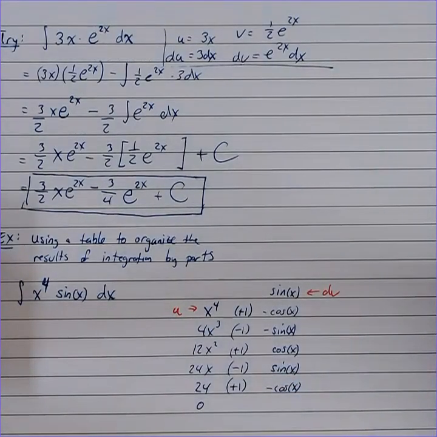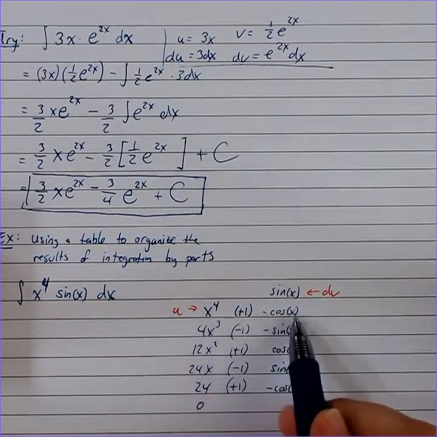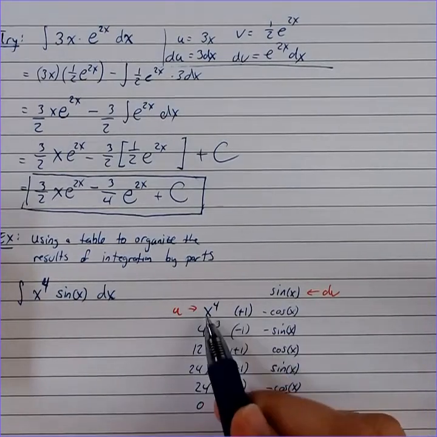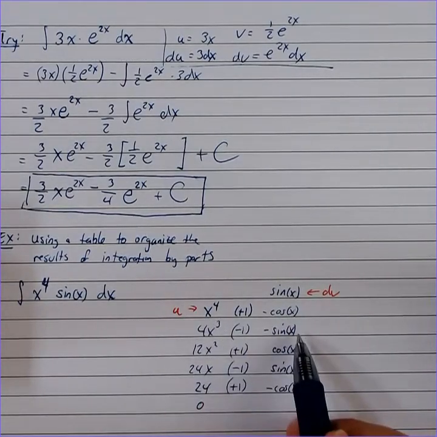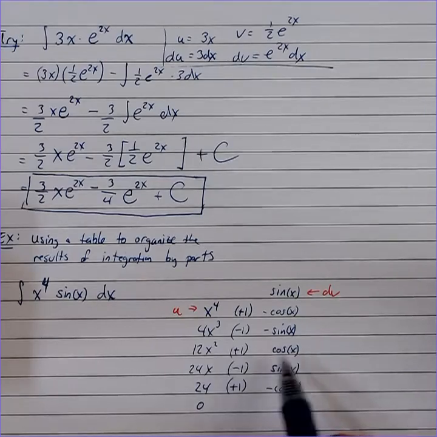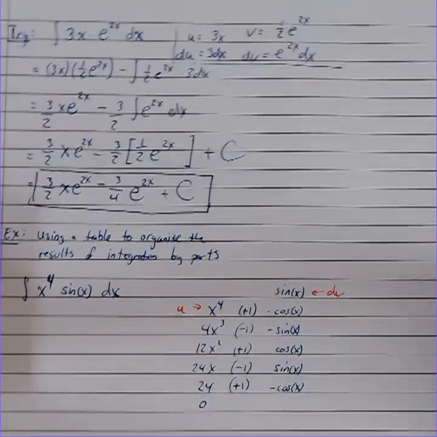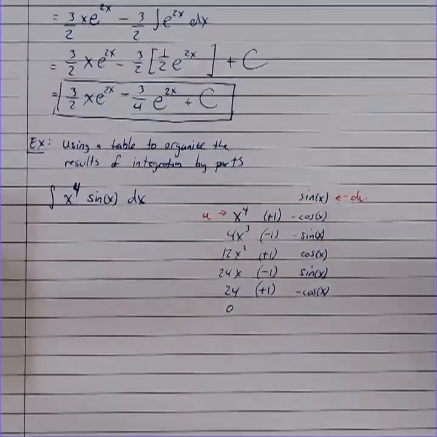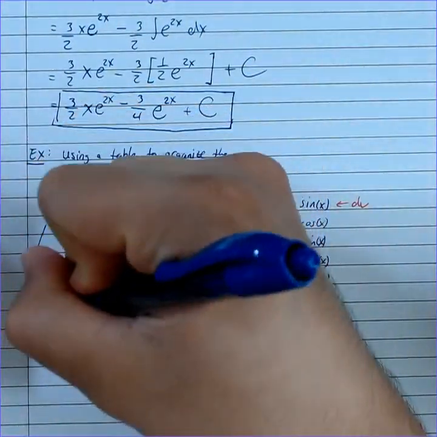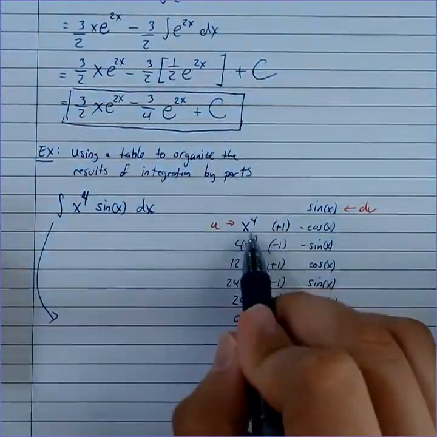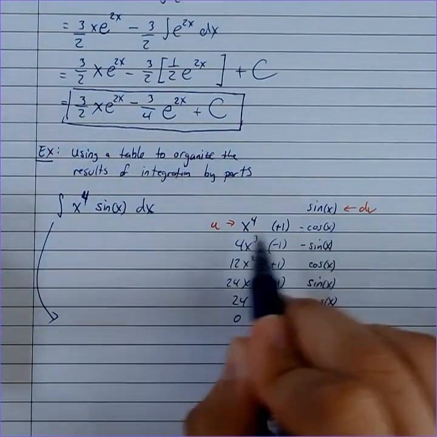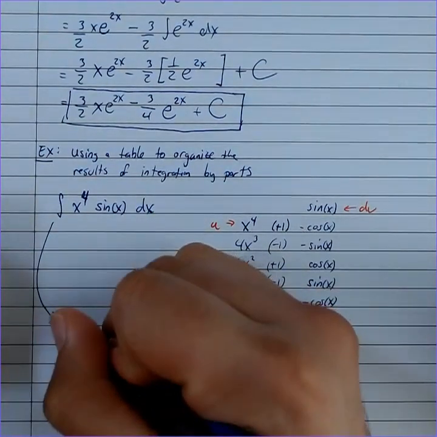Like that. And now what you're going to do is multiply these three expressions together, plus that multiplied together, plus that multiplied together, plus that multiplied together, plus that multiplied together. And that'll be your result. So here, multiply these together, that's going to be negative x to the fourth cosine of x.